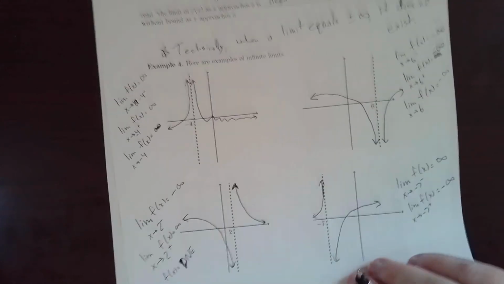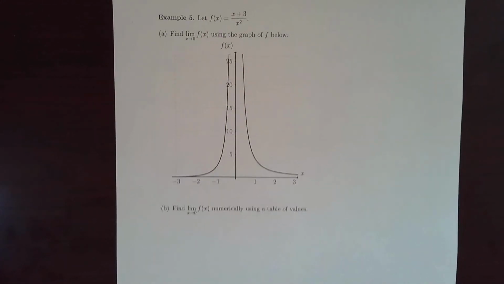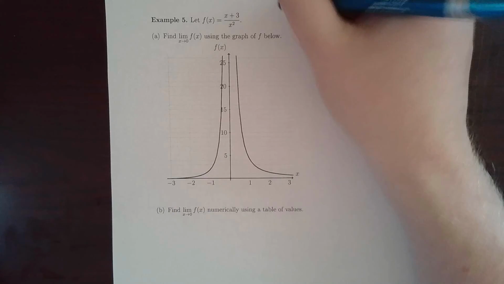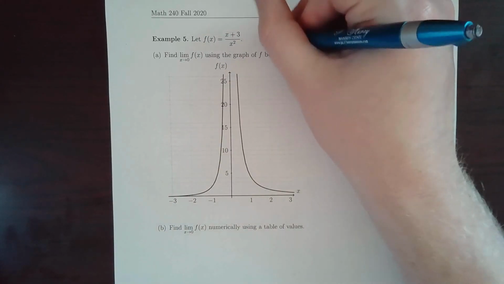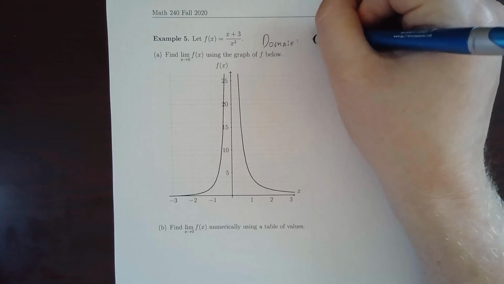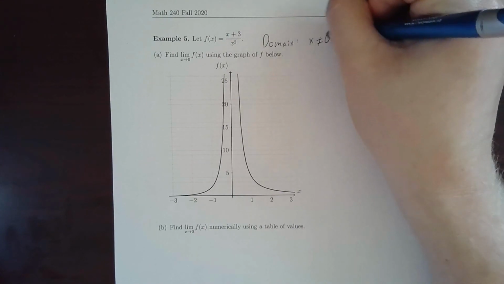So as one more example of this, say we wanted to look at the graph of f of x equals x plus 3 over x squared. We want to find the limit as x approaches 0 of f of x using the graph. So we know here, looking at just this, we could say that our domain would be when x is not equal to 0.